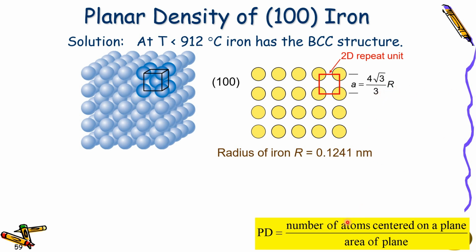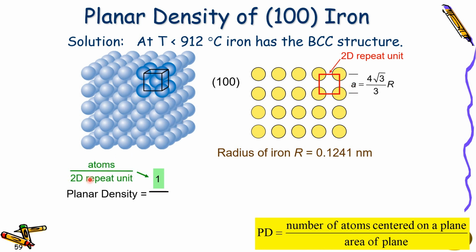But anyway, you need to make a definition. You need to put the numbers in the definition of planar density. So the planar density here will be how many atoms in this unit cell, or in this repeat unit? Four quarters, which means 1 atom, right? And then the area of the plane, that means a squared, right?